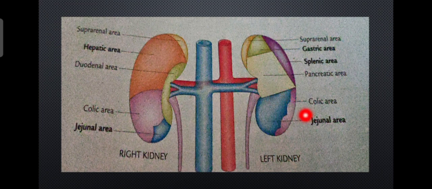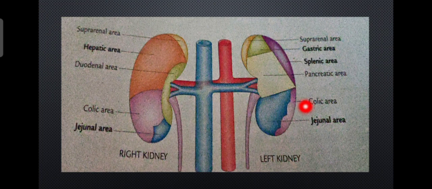Then here we have more of the jejunal area than the colic area. Colic area comes downwards and the jejunal area just lies above it. Why is it so? Because the transverse colon continues as the descending colon, it produces a splenic flexure, that is the left colic flexure. It's also called the splenic flexure because it occurs just near the spleen.